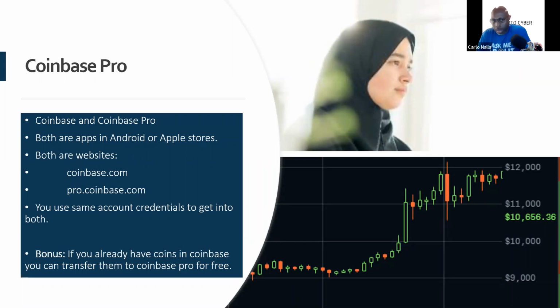There's two separate websites for the two, Coinbase.com versus pro.coinbase.com. And you use the same account credentials to get into both. And a bonus is if you already have coins on Coinbase, then you can transfer those to Coinbase Pro for free.